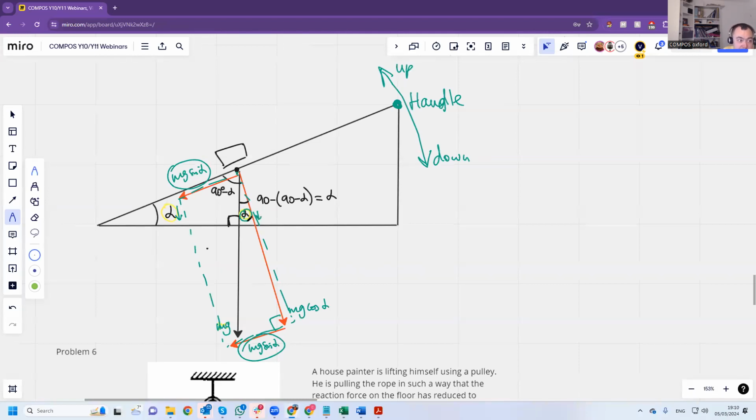Because if you have a slope, the question is which angle is theta? If this angle is alpha, is this alpha or is this one alpha? Which angle is equal to this one? And you can answer this by imagining that you're pulling the handle down, and alpha decreases.